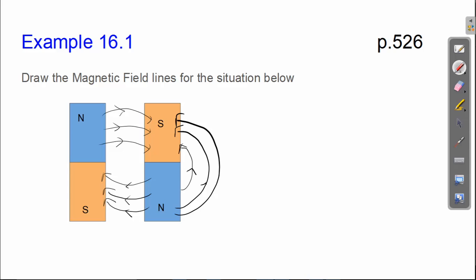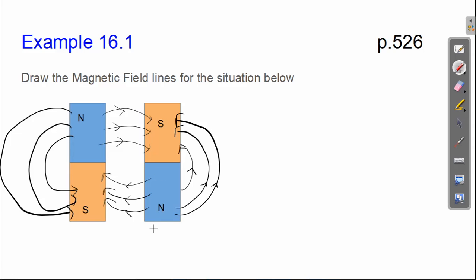And my point is to show me that you understand how the direction is going. North is up here, so go to the south, north to the south. I did 3 on this side. I need to do 3 on this side, okay? Just remember that the magnets look the same. So if you did 3 on this side, you need to do 3 on that side.